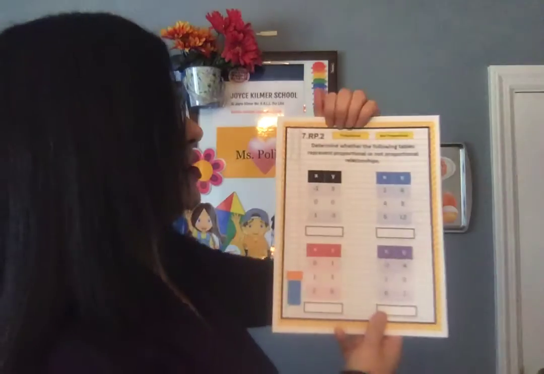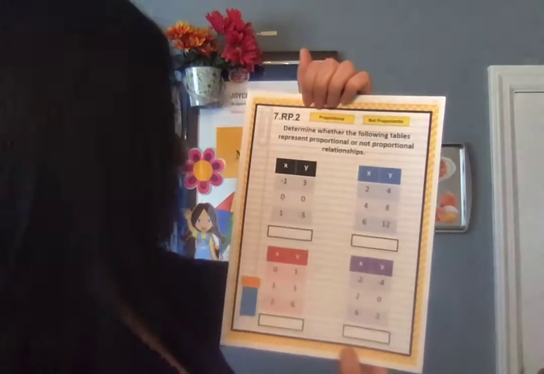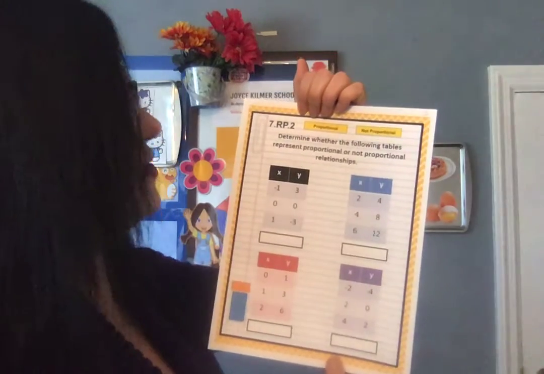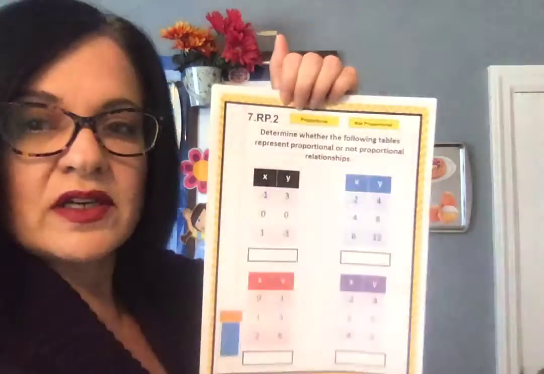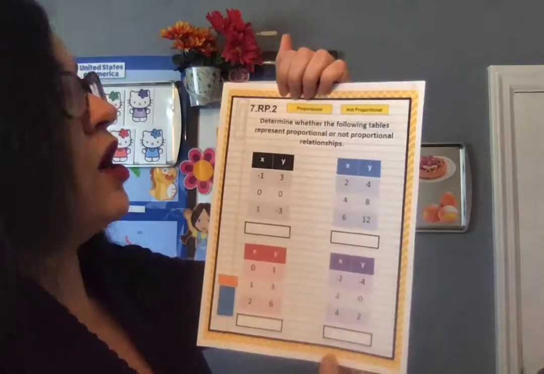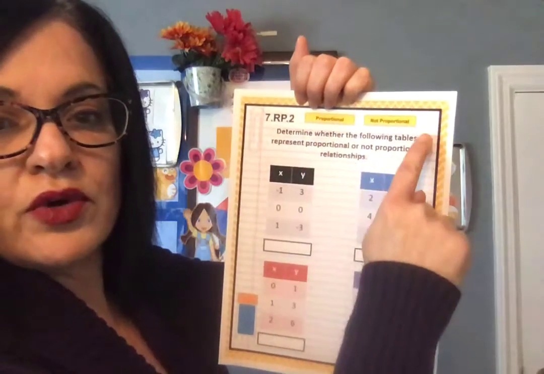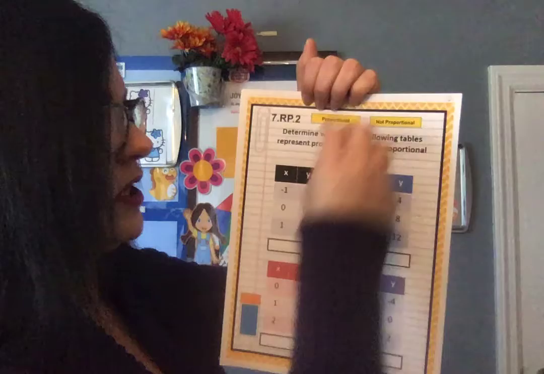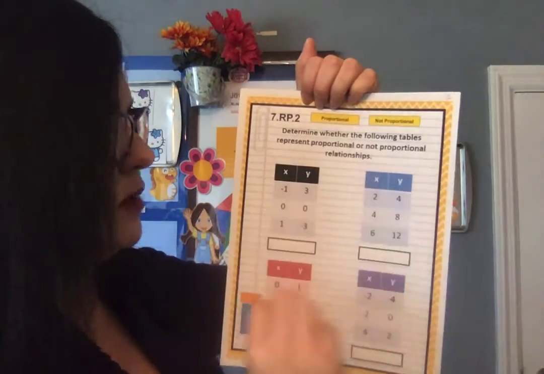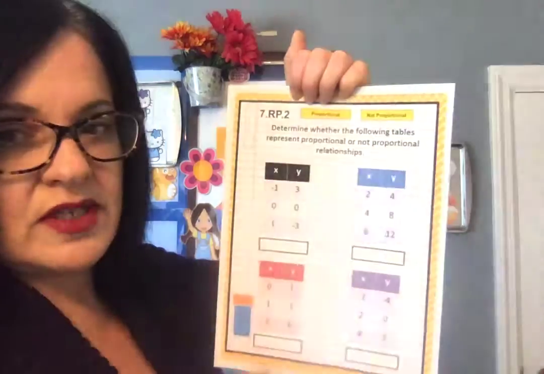All right, so if you look at page number 2, it shows you models of a proportional relationship in the form of tables. So you need to look at these tables and determine, are they proportional or not proportional, and drag and drop what you think each table represents in each of these boxes here.